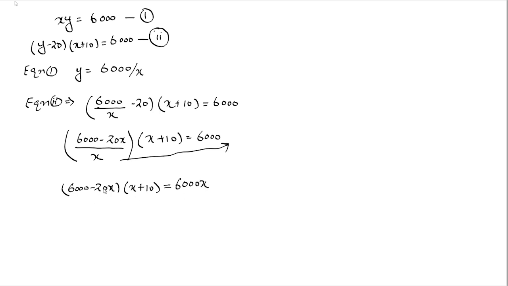Now multiply the terms on the left hand side. So 6000 multiplied with x is 6000x, and minus 20x multiplied, or let's say 6000 multiplied with 10 is 60,000.